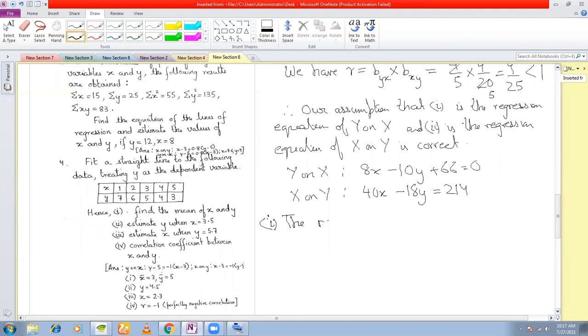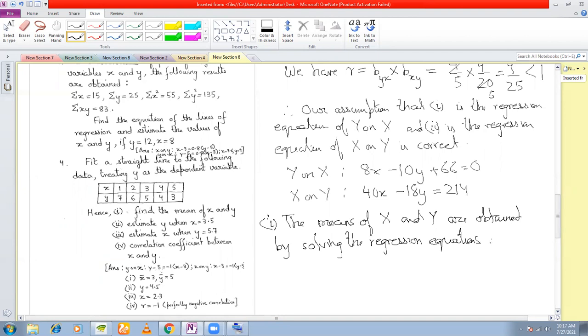The means of x and y are obtained by solving the regression equations simultaneously.